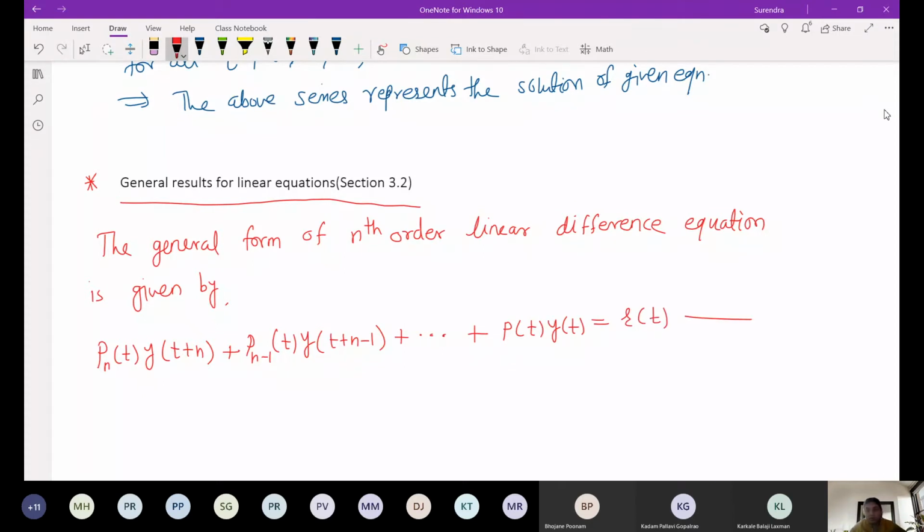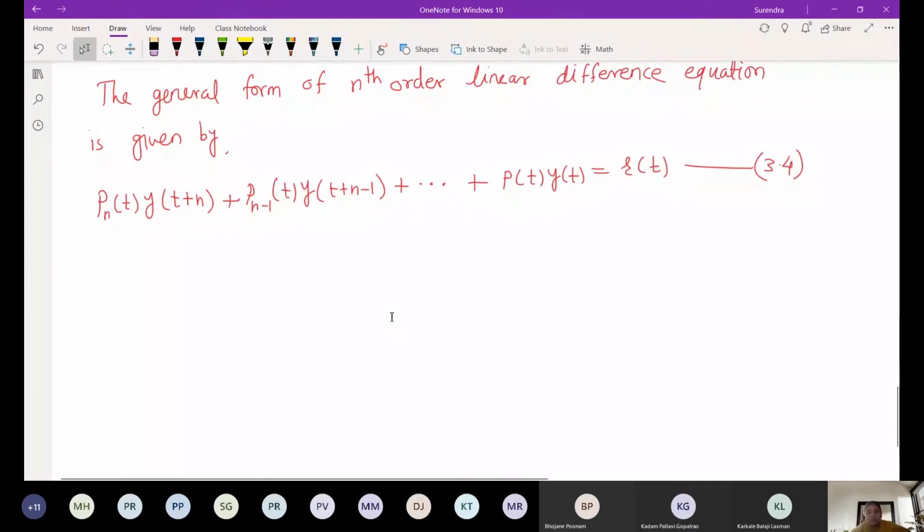So this will be our 3.4. Earlier was my first order linear difference equation, the general form of first order linear difference equation, and 3.1 dash was the homogeneous linear difference equation, first order.